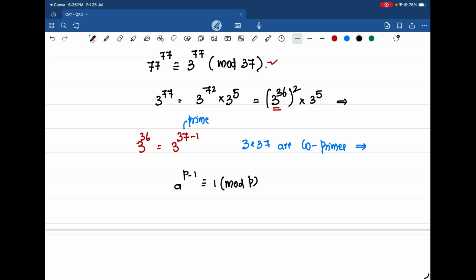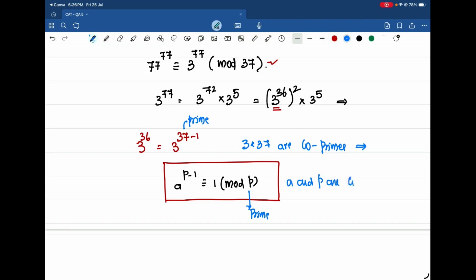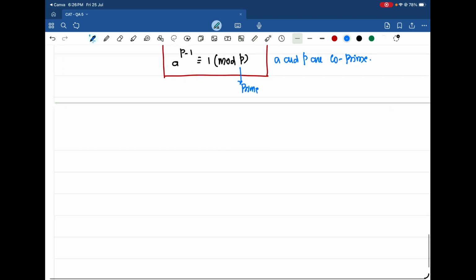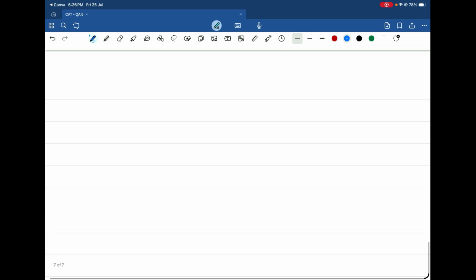a very important theorem, where p is prime, a and p are co-prime, and a is an integer. Here 3 to the power of 36 is equal to 3 to the power of 37 minus 1.